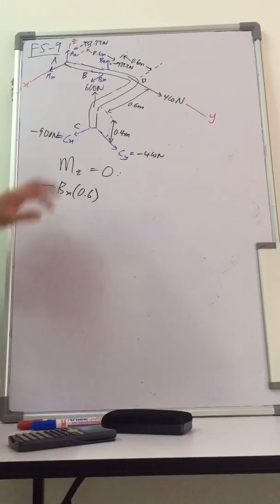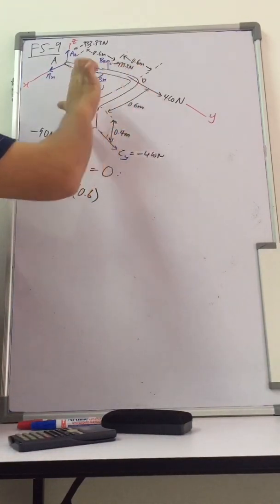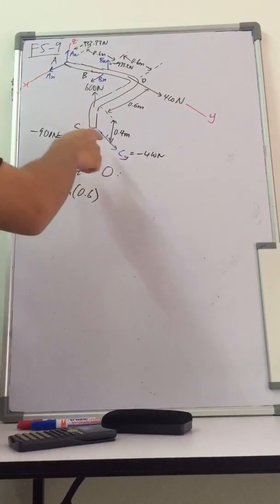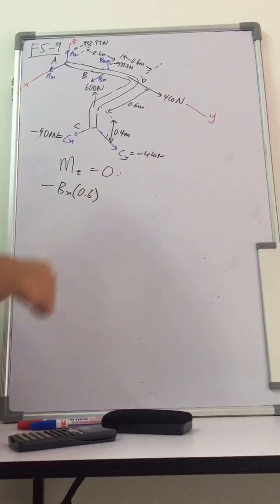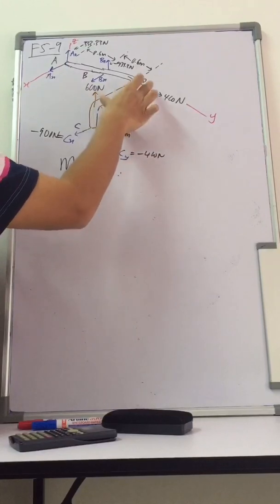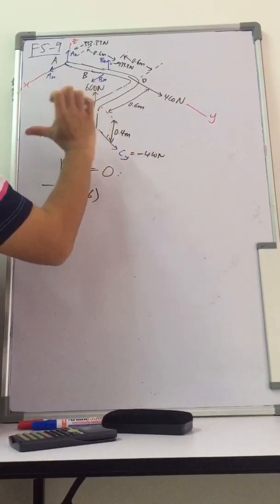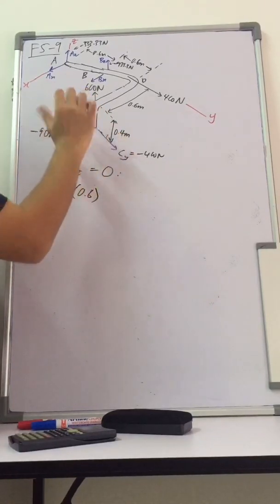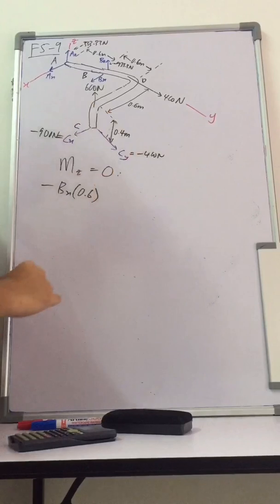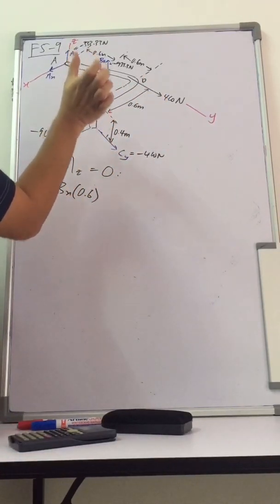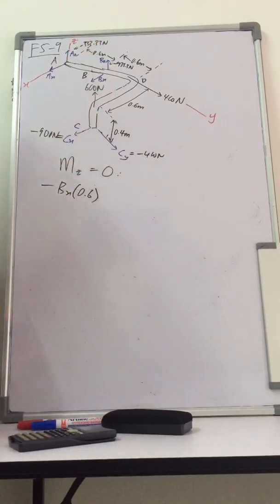What else? This 600 Newton, you have this 0.6, but it will create moment about the Y, okay? How about this CY? This CY actually has two perpendicular arms. One is this and one is this. This one will create moment about X. We have done that before, right? That one is in MX with 0.4 meter distance, but this one, okay, it will have moment about Z, right?